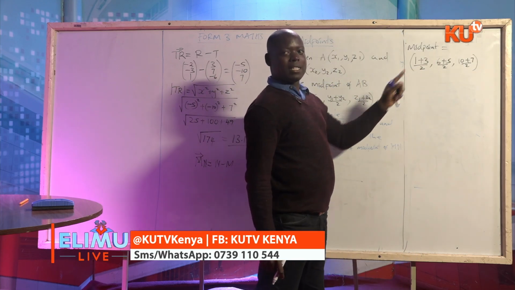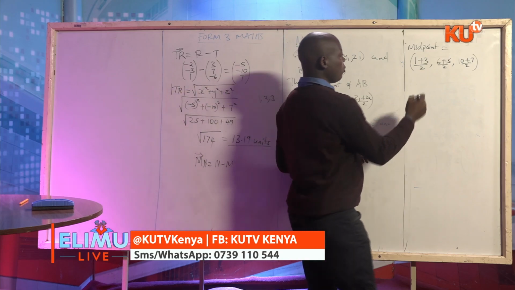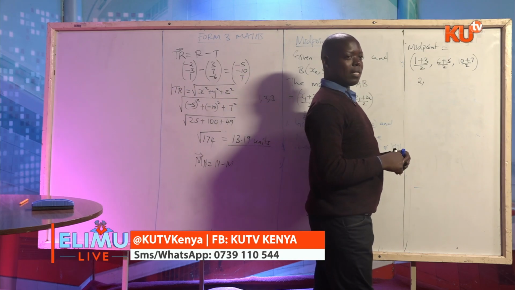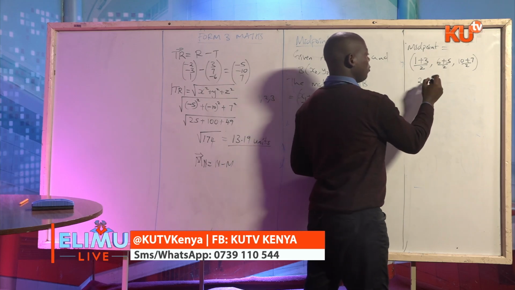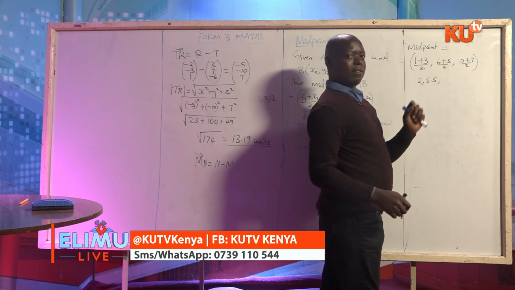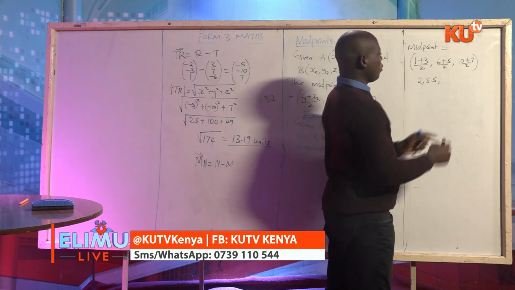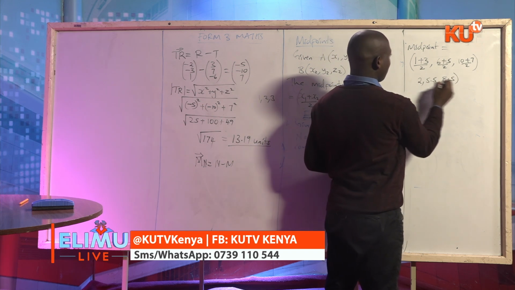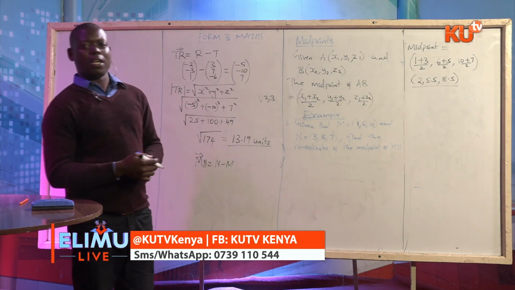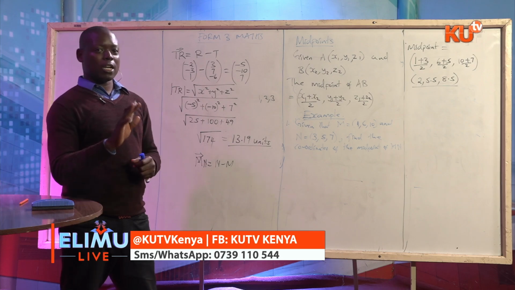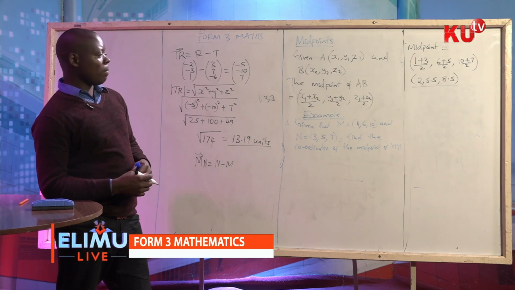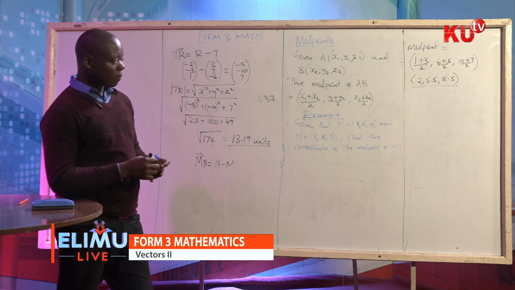So 1 plus 3 is 4, divide by 2, 2. 6 plus 5, that's 11. Divide it by 2, 5.5. 10 plus 7 is 17. Divide by 2, 8.5. Therefore, our midpoint is 2, 5.5, 8.5. Did you all get that, students? Good. So that is our midpoint for question 1.